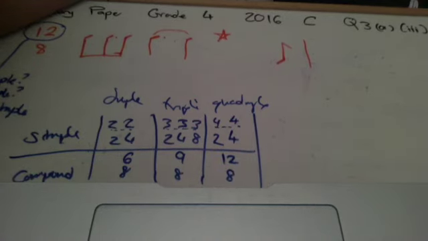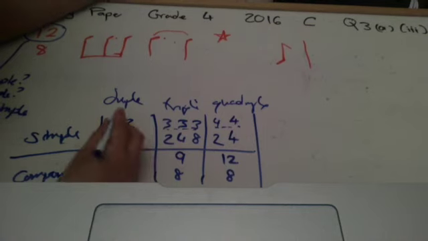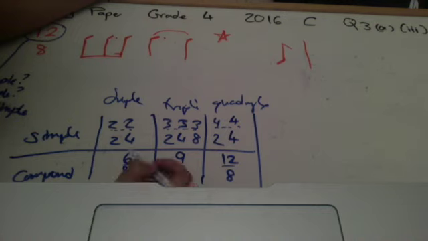And what we can see at that point is that if it has a 6 at the top, it's also duple, 9 is triple, and 12 is quadruple. So if you take the top number of these compound time signatures and divide it by 3, you find out whether it's duple, triple, or quadruple.